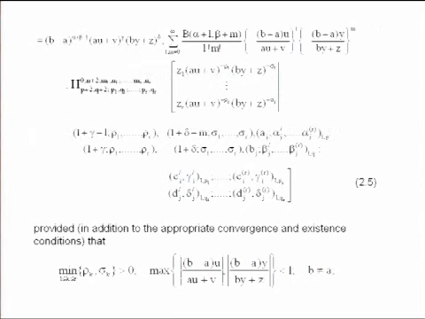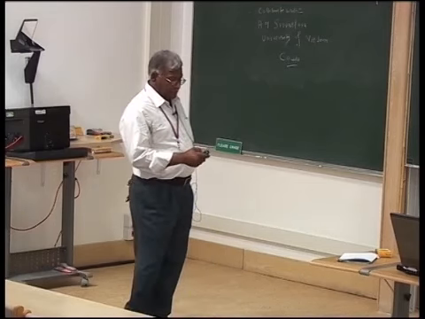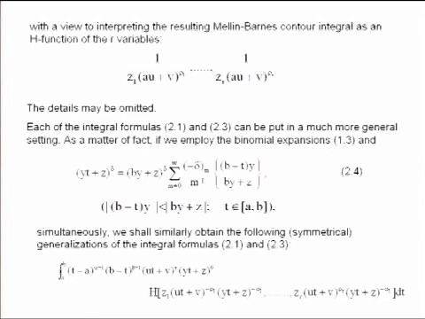This is the next theorem, 2.5. The integral from a to b of (t minus a)^(alpha minus 1), (b minus t)^(beta minus 1), (ut plus v)^gamma, (yt plus delta), and so on. Provided these conditions hold: minimum, 1 less than or equal to k less than or equal to r, rho_k, sigma_k greater than 0, and maximum of (b minus a)u by (au plus v), (b minus a)y by (by plus z) less than or equal to 1, b not equal to a.